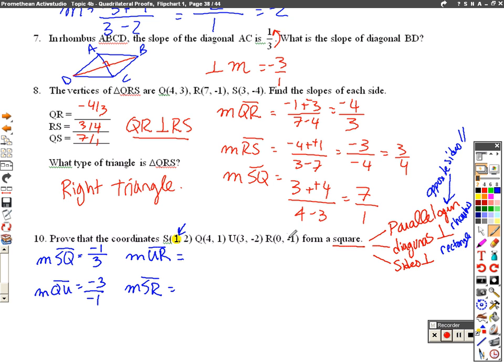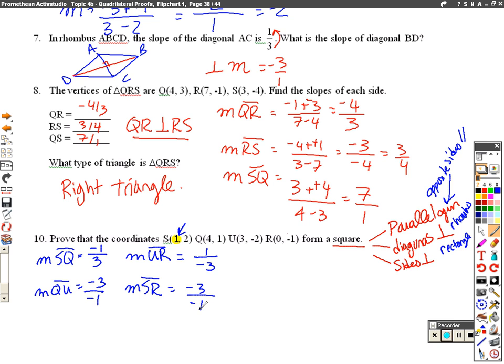Next one's UR. Negative 1 minus negative 2, which becomes plus 2, so that becomes 1, over 0 minus 3, that's negative 3. SR. So we've got negative 1 minus 2, so that becomes negative 3, over 0 minus 1, which is negative 1.